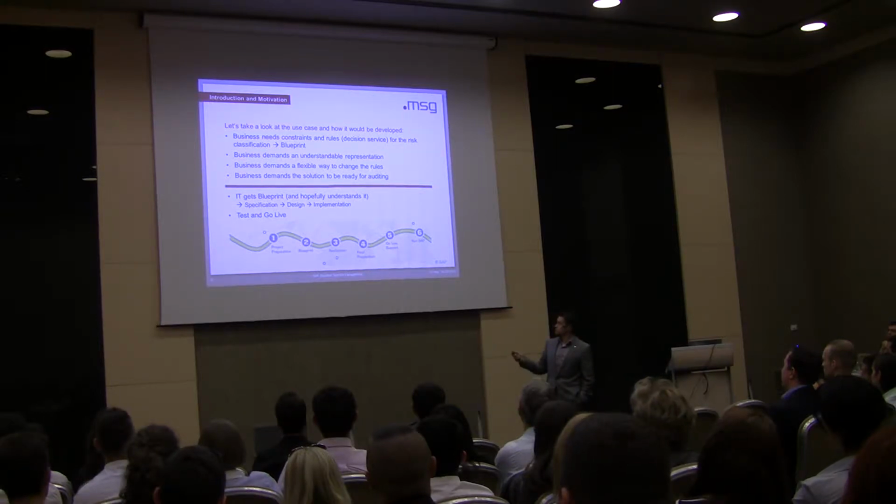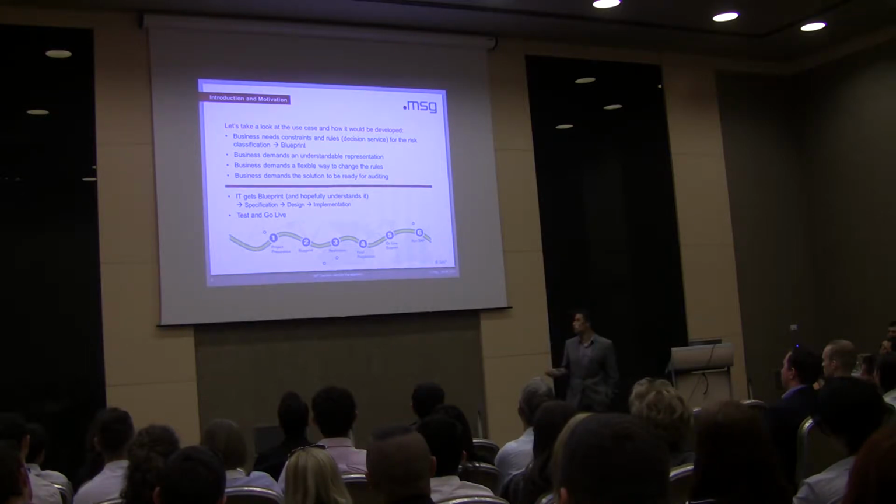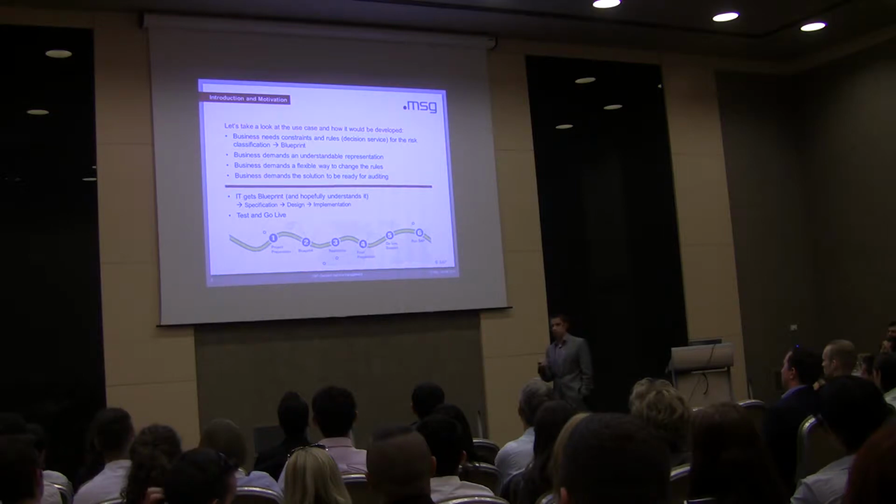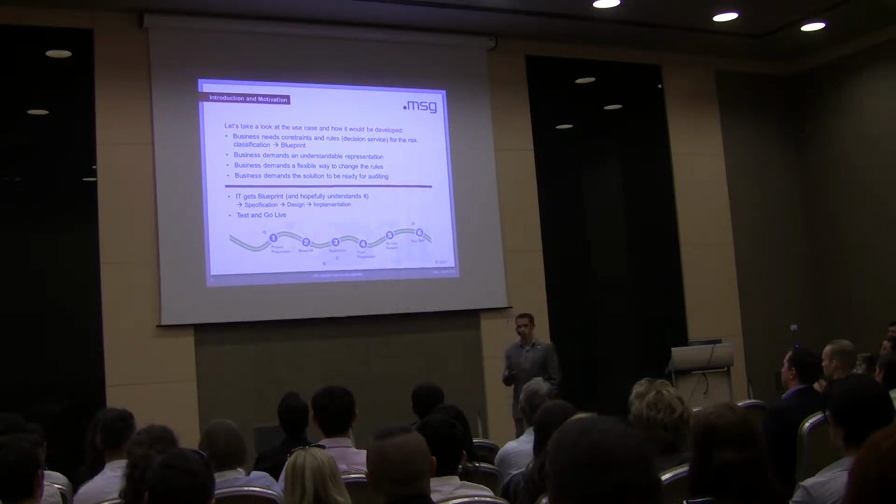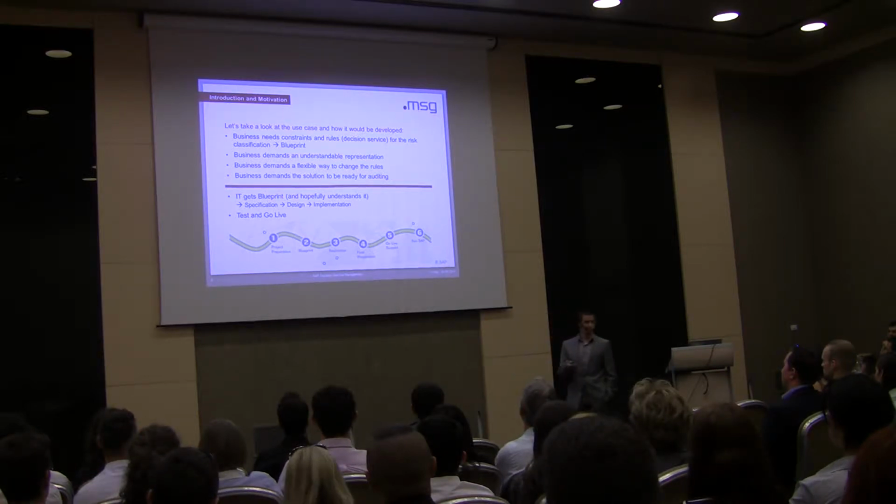In addition, business has some non-functional requirements, so they want to have an understandable representation, because these rules are called business rules, because business wants to know what happens. They want to have a flexible way to change the rules, so they want somehow have the power to change the rules.